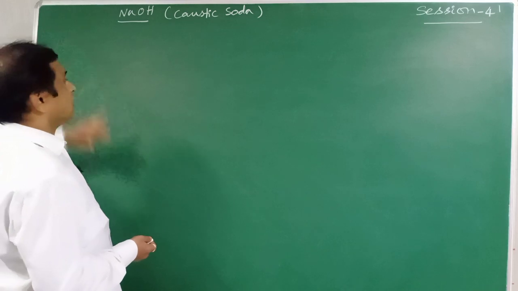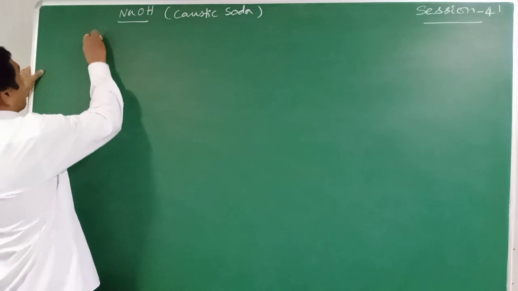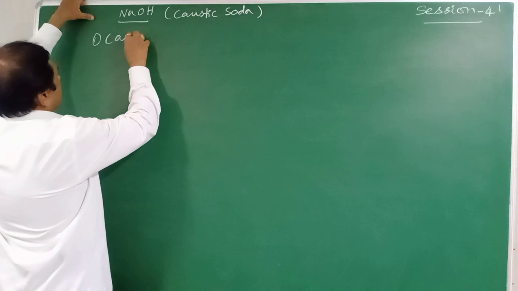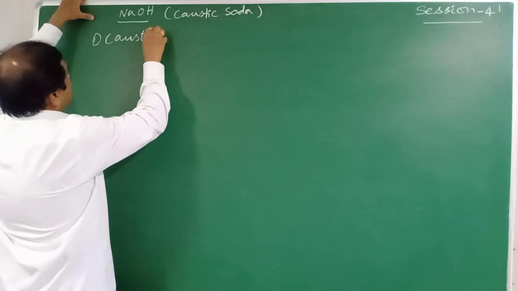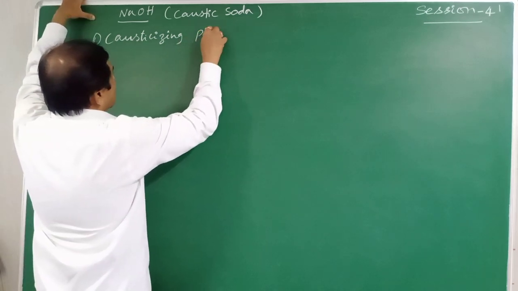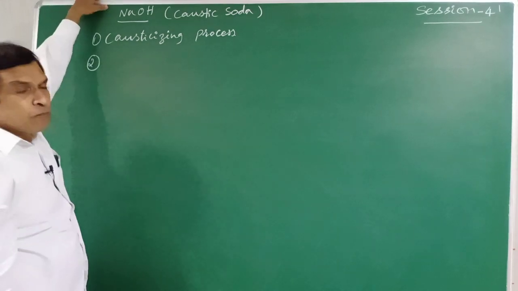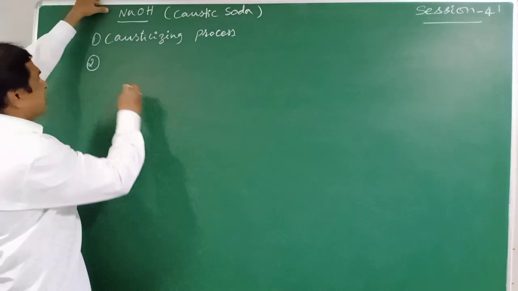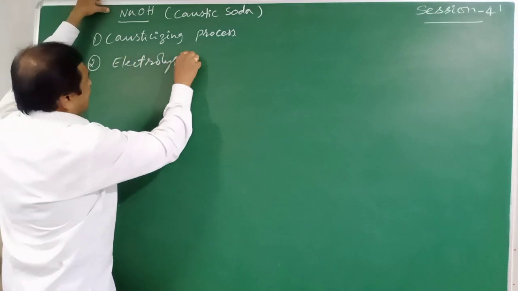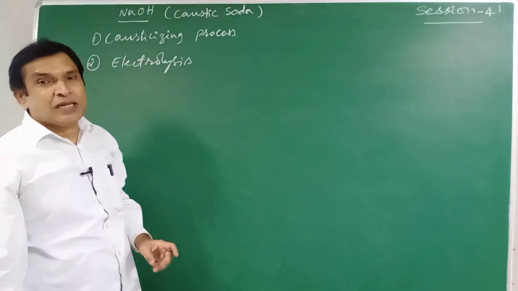Now, caustic soda is prepared by one method called the causticizing process, and the second method is the electrolysis method.